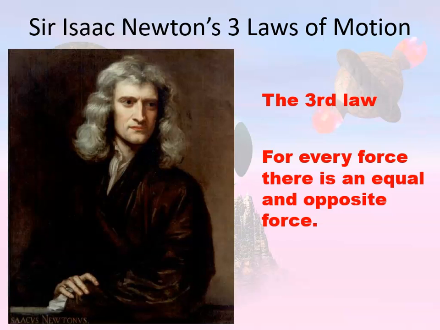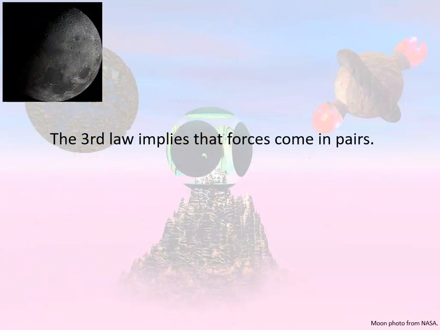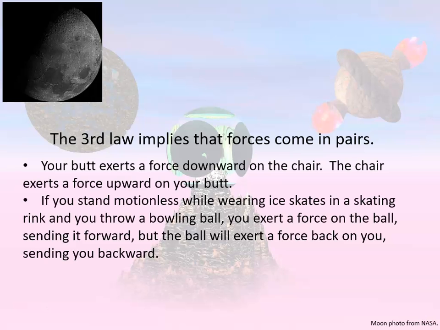So if there are 5 different forces acting on an object, then there are going to be 5 different what we call action-reaction pairs. The reactive force is going to be acting on the agent bringing about the force. So let's say your butt is exerting a force downward on the chair.